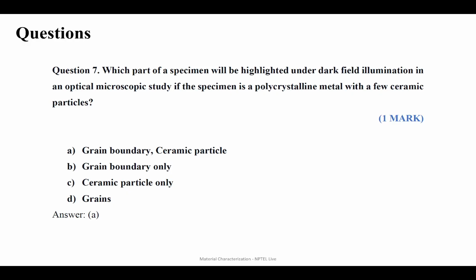The correct answer is A, grain boundary and ceramic particles. In dark field illumination, you are able to see the edges of the particles, basically areas which are not flat. The grain boundaries are not flat, therefore you are able to see them, and the ceramic particles are also not flat, so we will be able to see the ceramic particles.